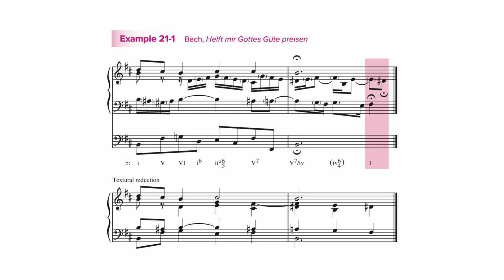This usage is very common. It is so common that almost every piece in minor mode between 1500 and 1750 ends with this major triad at the end, called the Picardy third. Let's listen to it once again.